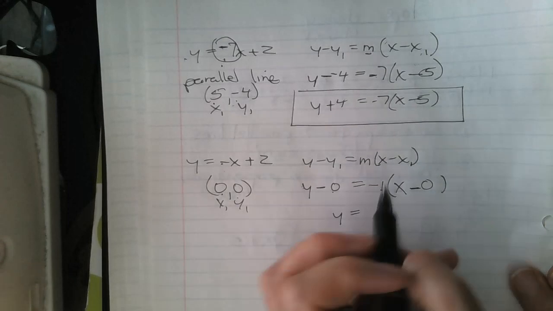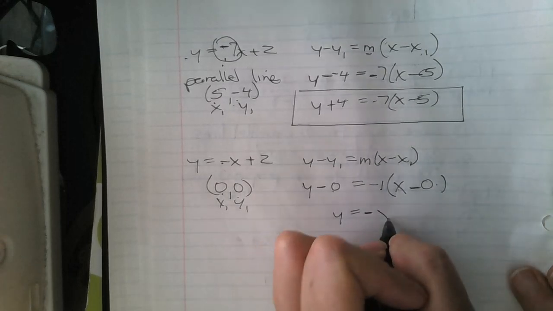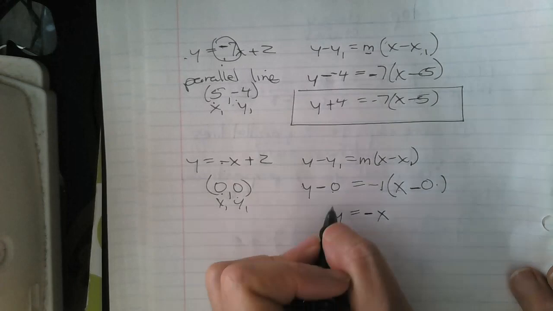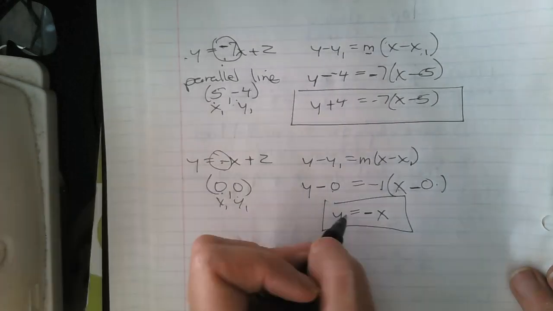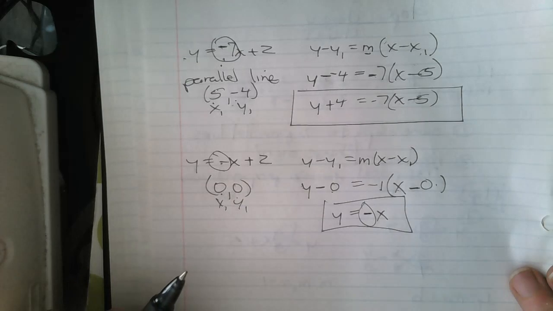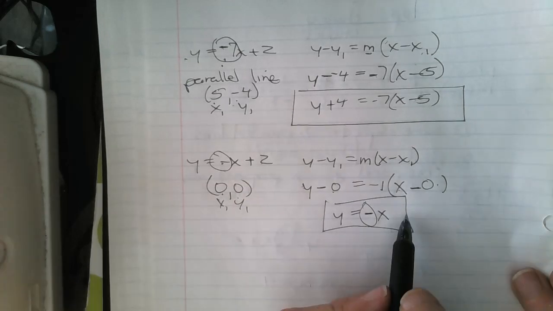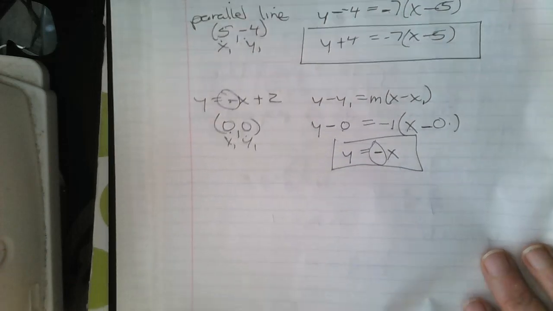All right, what if we said perpendicular line? Okay, now I'm going to say perpendicular line. It's going to be perpendicular to y equals -7x plus 2, and it's going to go through, I'm going to use the same numbers as before, 5, -4.